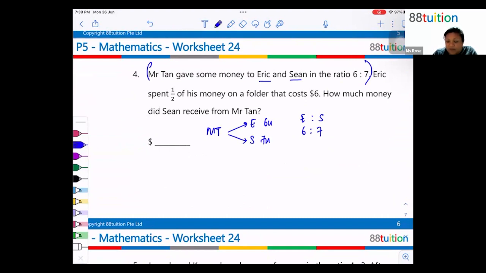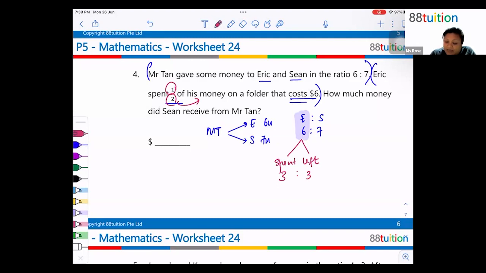Then what happens? Eric spent half of his money on a folder that cost $6. So from Eric's money, he spent and he had money left. What did he spend? He spent half of his money. So that's half of 6 units, which is 3 units. What is he left with? 3.